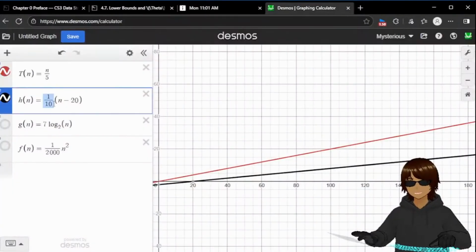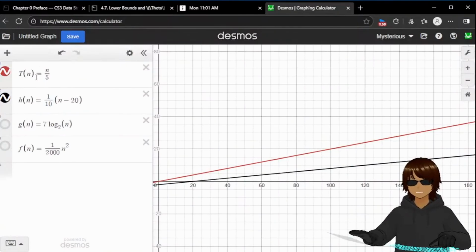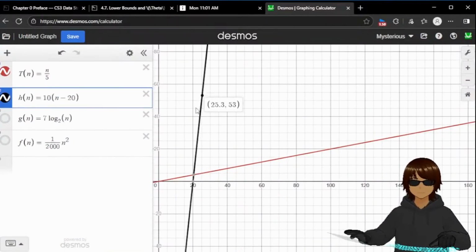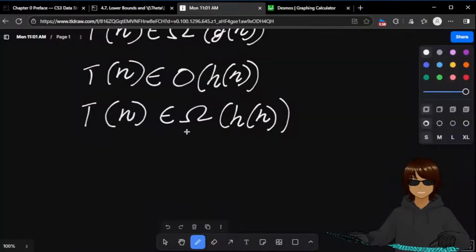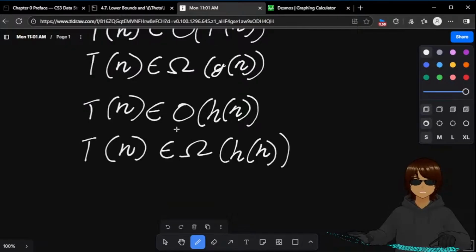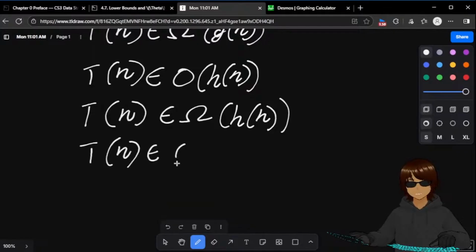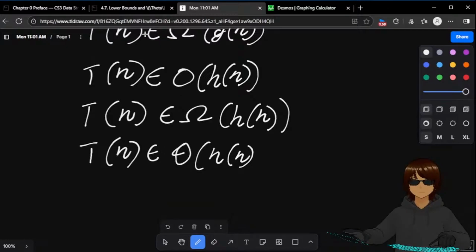And if I can multiply the graph by some constant such that h(n) surpasses T(n) after some point, then it's big O. If it's both big O and Omega, then we say it is Theta. Theta means there is some constant where it will become the lower bound, and there is also some constant where it will become the upper bound. So it's both big O and Omega.